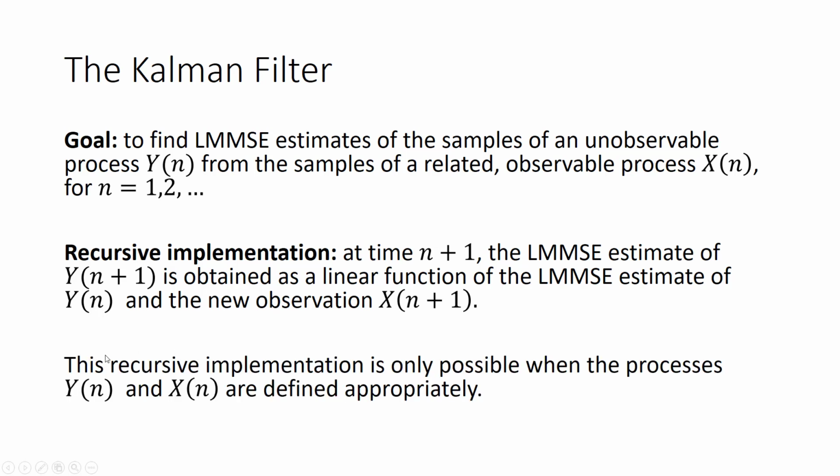As we will see, it turns out that this recursive implementation can only be obtained when the processes y and x are defined appropriately. So in this video, we will examine how we model the unknown process y of n, which we want to estimate, and how we model the observable process x of n, from which we will obtain the estimates of y.